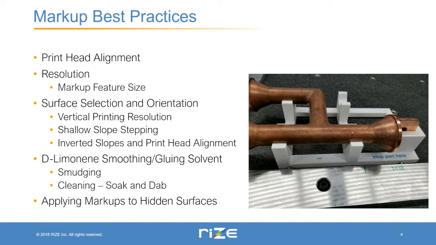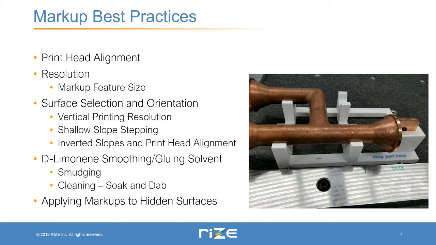So on the Rise machine, this would be either 250 or 125 microns, and because of this, you won't be able to get a vertical resolution in your markups greater than this when printing on a side surface.